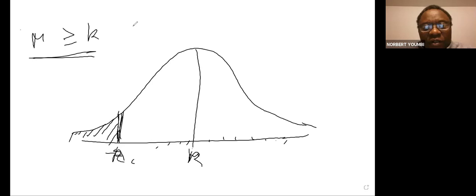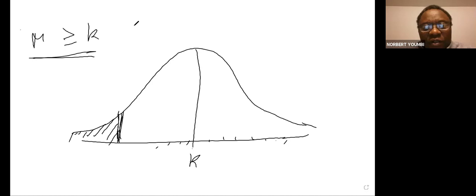Let me say it again. We start with a null hypothesis, and we assume that the mean is greater than k, so we place k here. So we take the sample mean, and if it is above k, we do not reject the null hypothesis because it is consistent with the null hypothesis. If it is below k, we may still not reject the null hypothesis, assuming that it could be due to sample error.